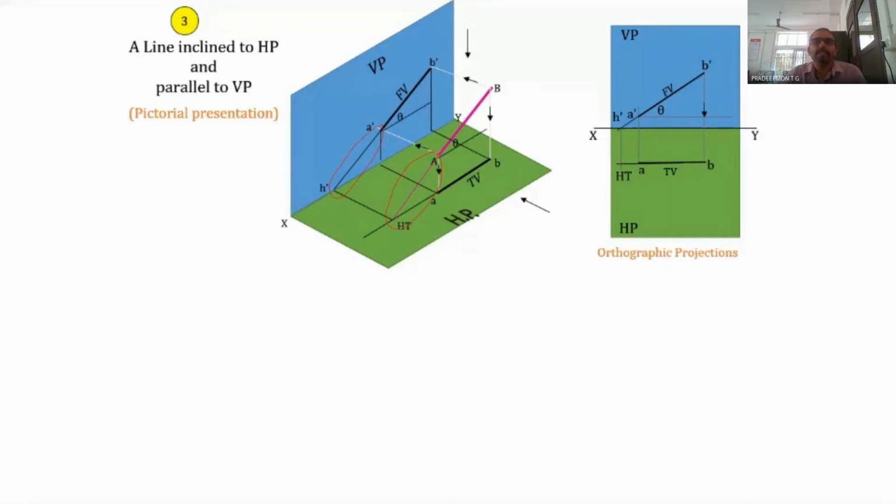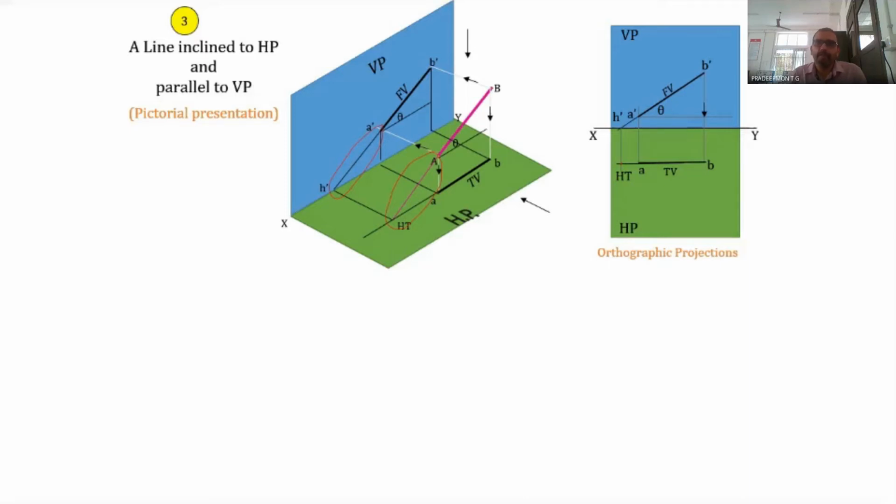When the line is intersecting with the vertical plane, it is known as the vertical trace. The point of intersection of a line with the profile plane we are not considering. Obviously there is a profile trace, but we don't have to use it in any of our drawings. But horizontal trace as well as vertical trace are of importance.